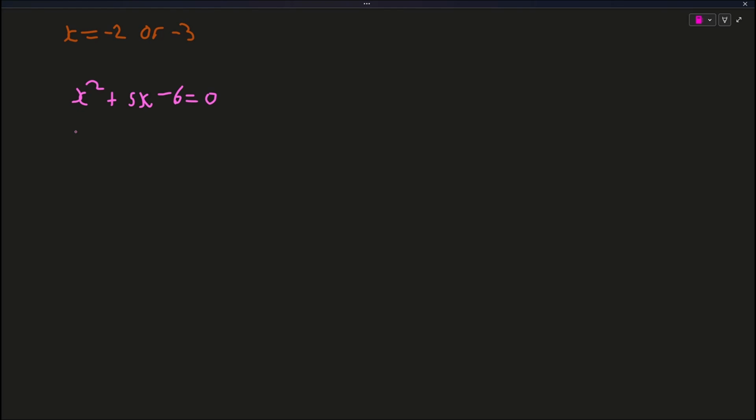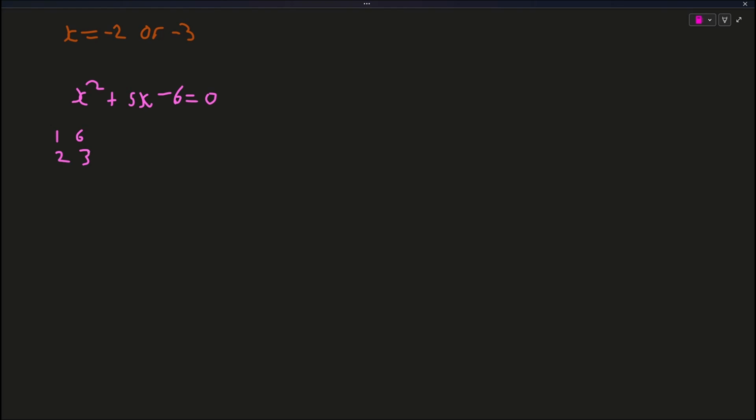What can we do here? Again, the same procedure. We can get 1 and 6, 2 and 3. These are factors that make up 6.